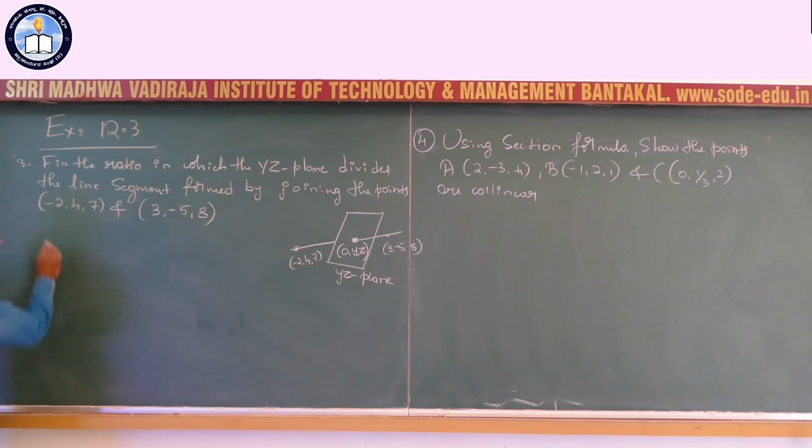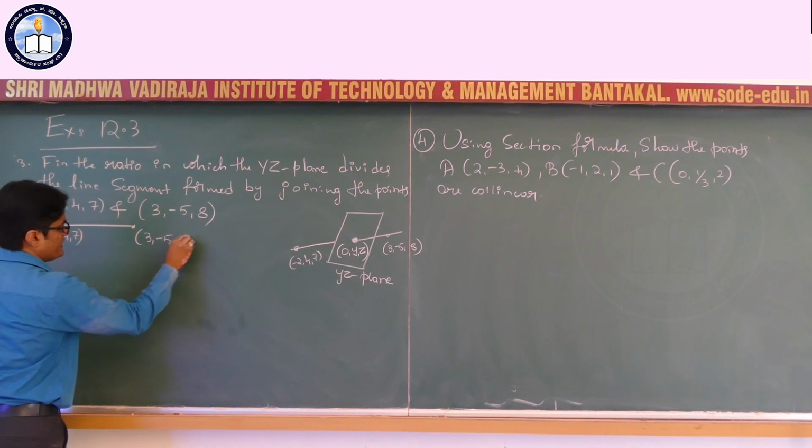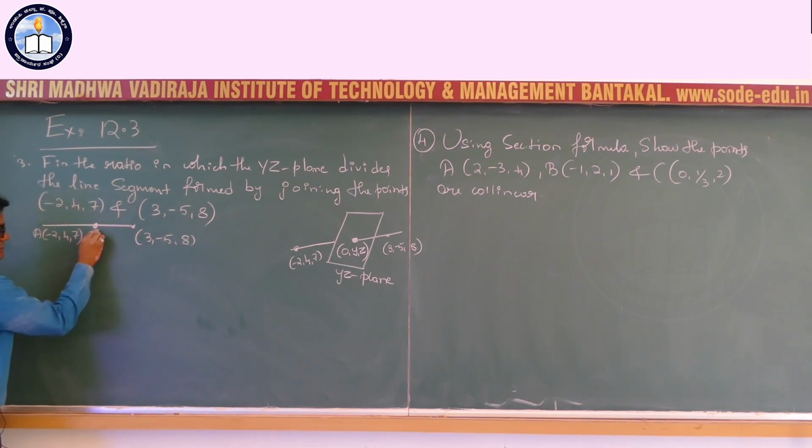So if I rewrite this diagram like this, this is A, minus 2, 4, 7. B is 3, minus 5, 8, and the point P divides AB internally in the ratio k is to 1.